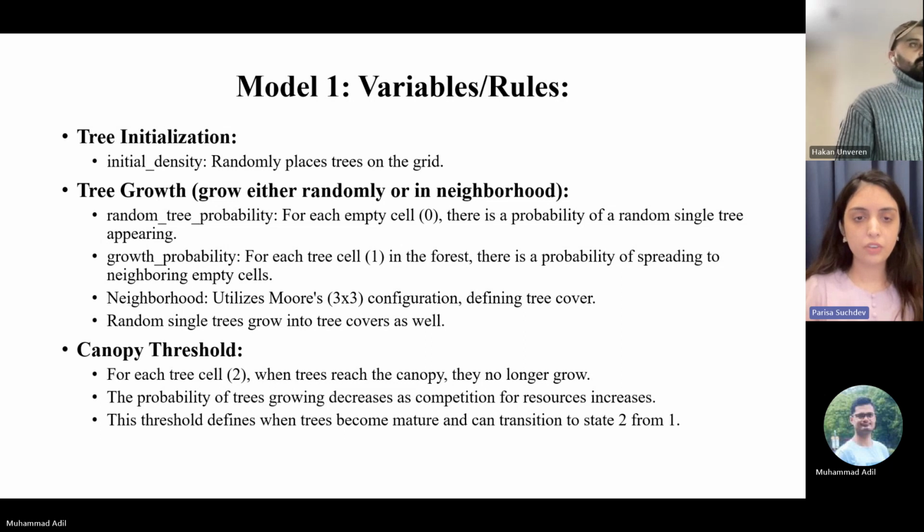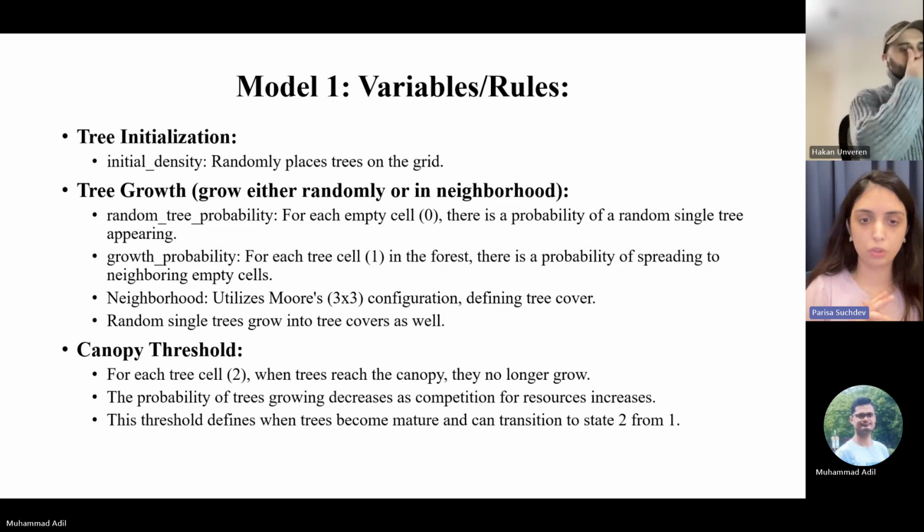In Model 1, trees are initialized by randomly placing them, changing cells from state 0 to 1. Trees can also grow randomly. The main part is how they grow in front of each other, how close they will be, creating a tree cover, because our topic is based on that. There's a random probability of how often the trees grow, and a growth probability for the cells.